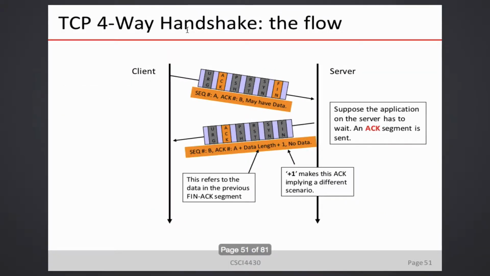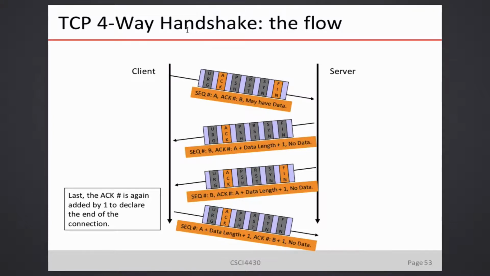Okay, so this is the flow of the four-way handshake. The four-way handshake will have A and B here. Because it may have something sent already, I don't know for how long the flow has been going, so I set the sequence numbers to two unknown numbers, A and B. Then it may also carry some extra data. The data will sometimes come with the FIN.